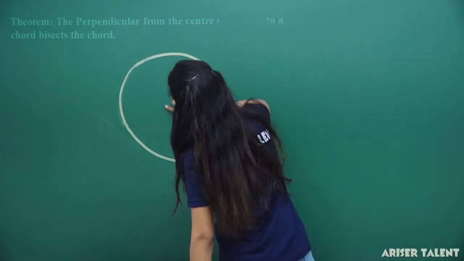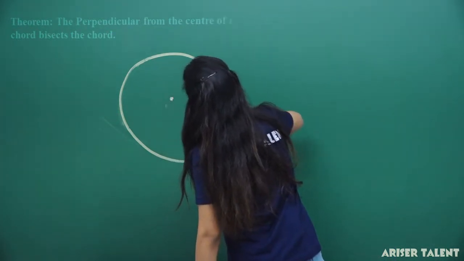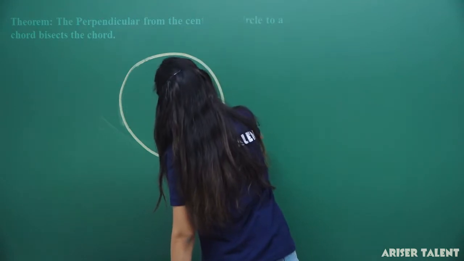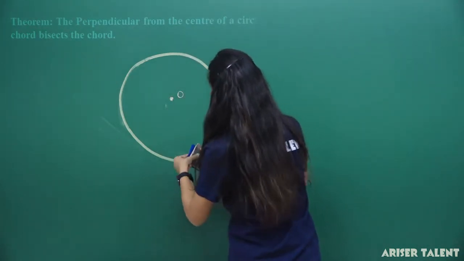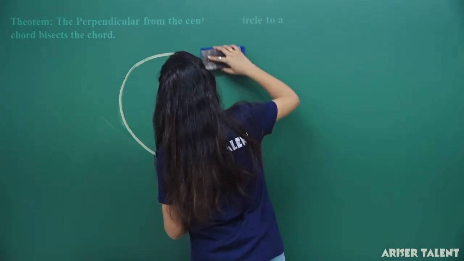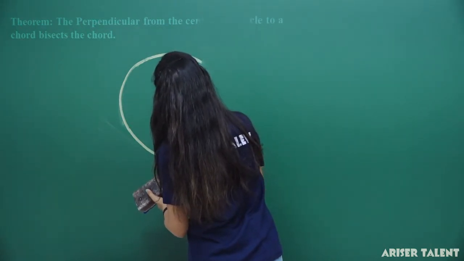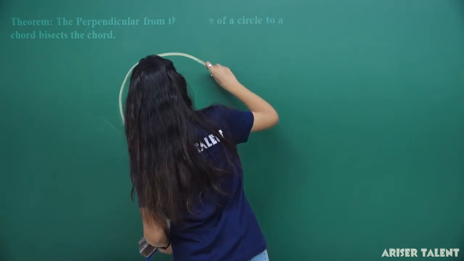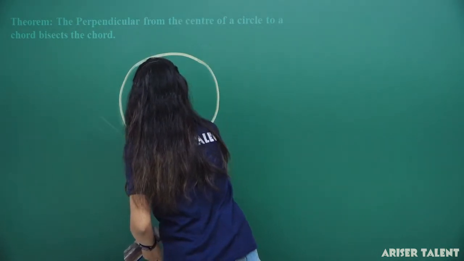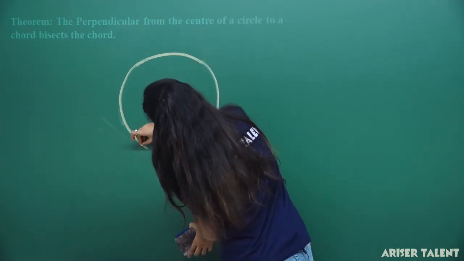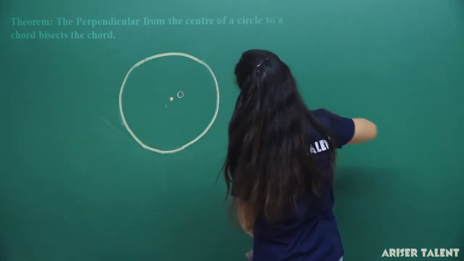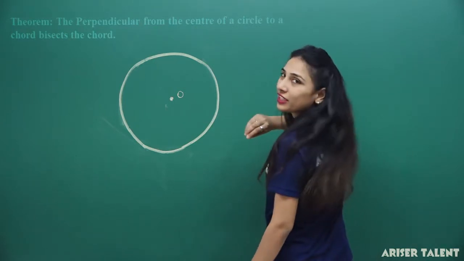Now this is the center of the circle, let it be O. It is exactly not looking like a circle, it should be like this. Forgive me for this.